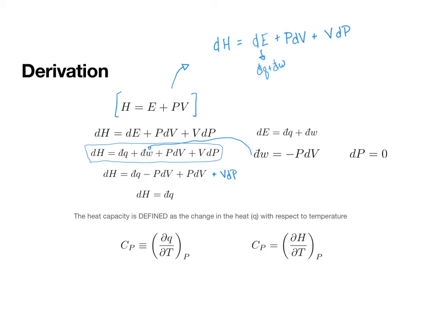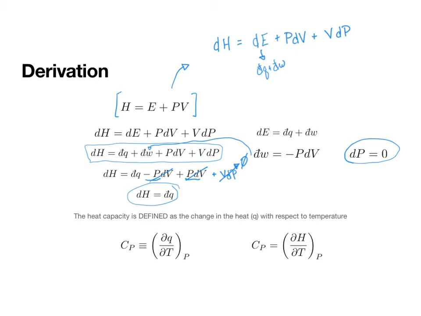But now we also have to remember that we're doing this at constant pressure. So that means that dP is 0, and so this term goes away. And since we have a positive and we have a negative, these cancel each other out, giving us that dH is equal to dQ.